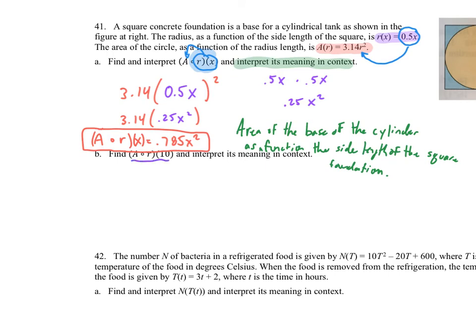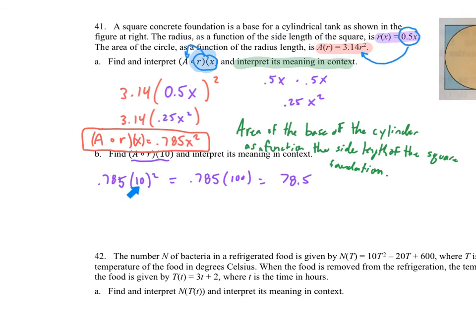So I'm just going to plug in 10 for x, so 0.785 times 10 squared. Again, do the exponent first, so 10 squared is 100, so 0.785 times 100. Multiplying by 100 just moves the decimal twice to the right, so that'd be 78.5. Well, we are plugging in 10, which stood for the side length of the square.